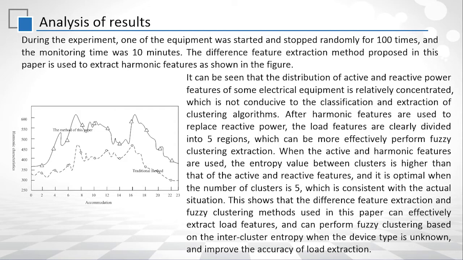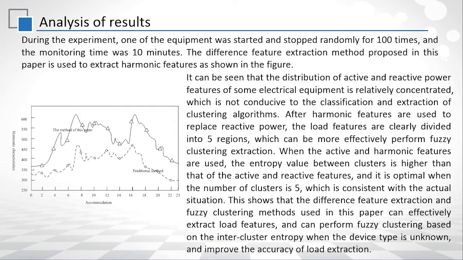When active and harmonic features are used, the entropy value between clusters is higher than that of the active and reactive features, and it is optimal when the number of clusters is 5, which is consistent with the actual situation.